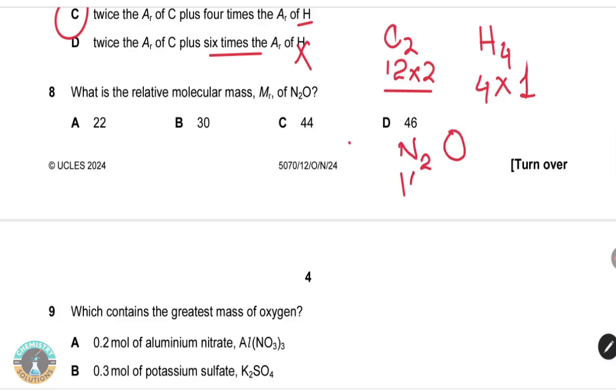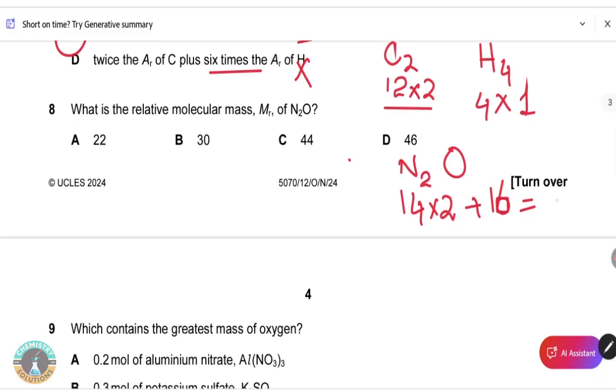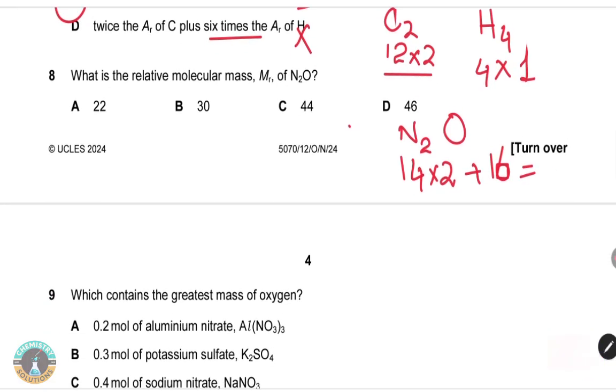N2O: 14 multiplied by 2, plus 16. 28 plus 16, the answer is 44. So our answer is 44, that is C.